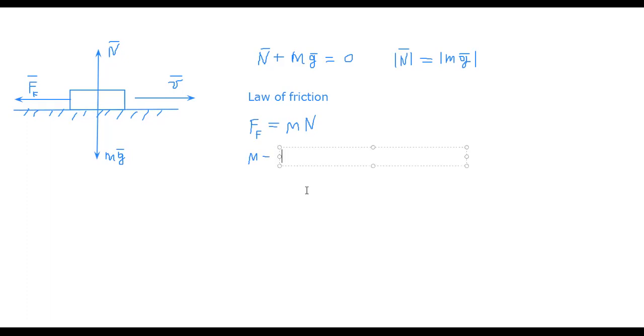This is the coefficient of friction. Coefficient of friction.